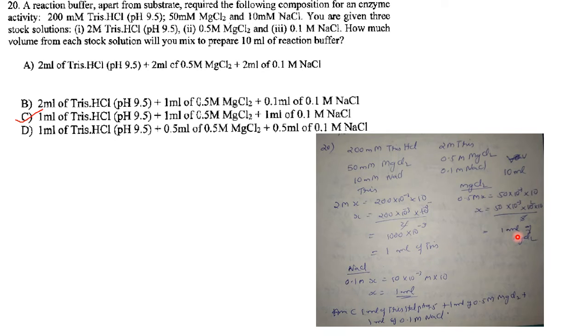Similarly for MgCl2 you will get 1 ml of MgCl2, and for NaCl also you will get 1 ml of 0.1 molar NaCl. So you have to combine and make up the volume to 10 ml. So the answer is 1 ml of Tris HCl at pH 9.5, 1 ml of 0.5 molar MgCl2 plus 1 ml of 0.1 molar NaCl. So the answer here is option C.